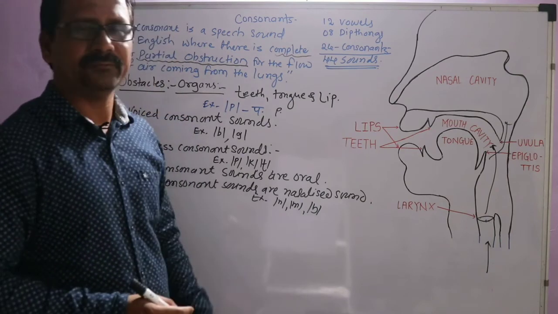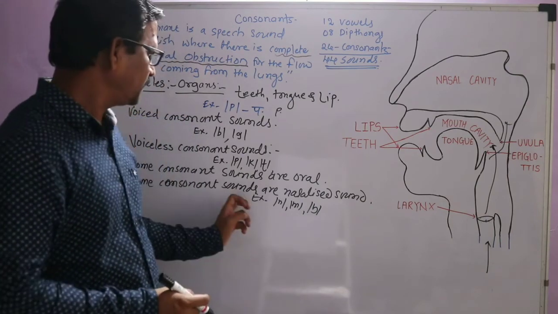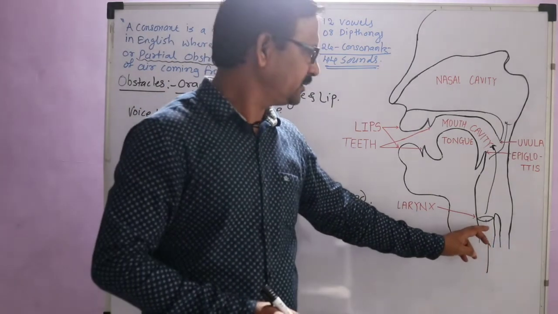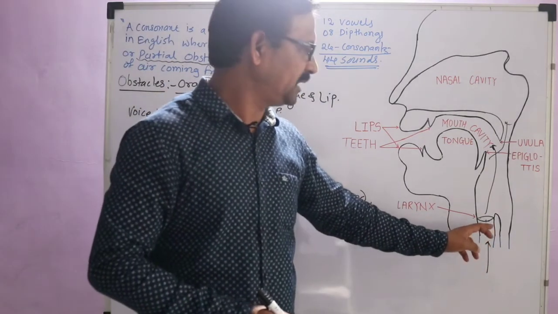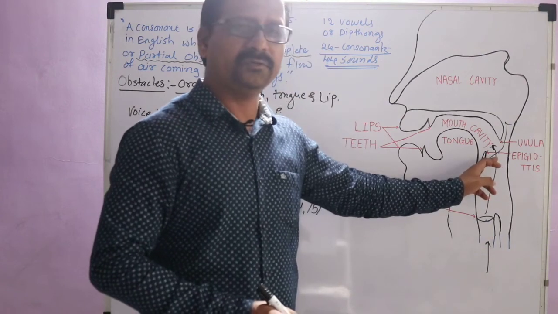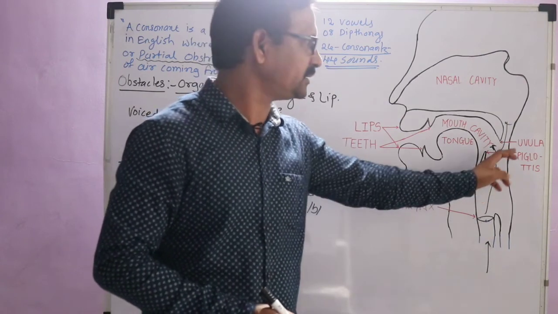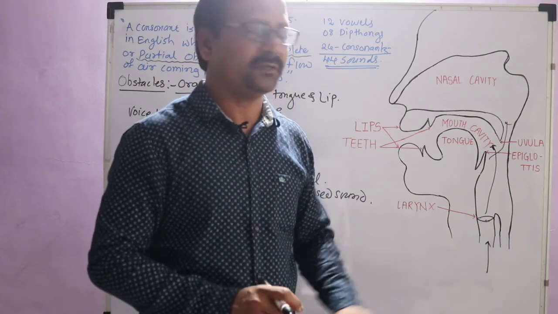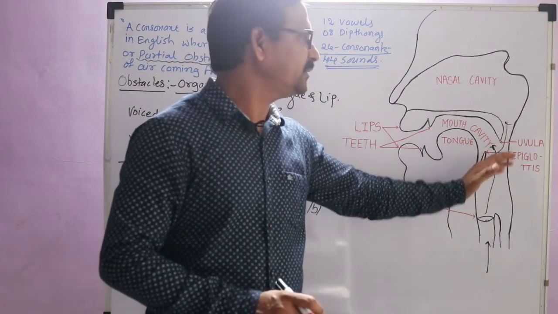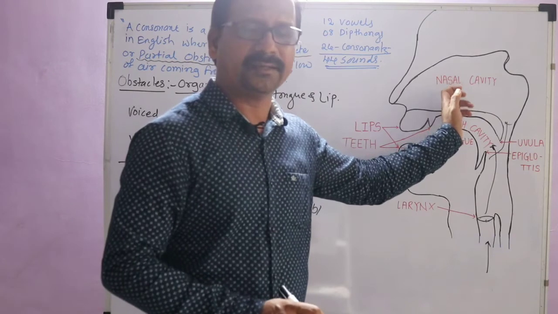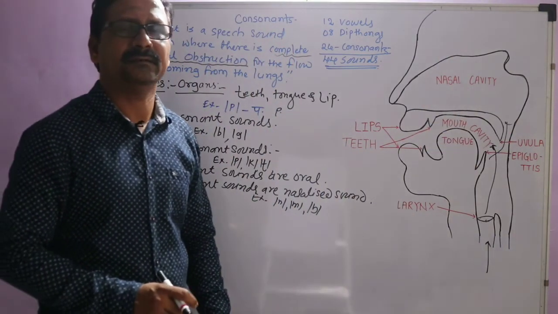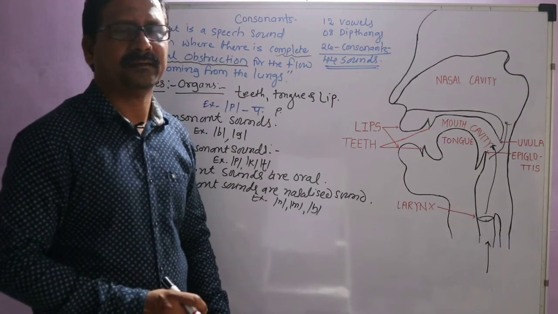What happens when we produce a nasalized sound? Air comes from the lungs, either vibrating or without vibrating. It goes into the mouth near the glottis and uvula. The glottis and uvula play a very important role. They close the mouth cavity, air goes into the nose, and then there is the production of a nasalized sound, just as in n and m.